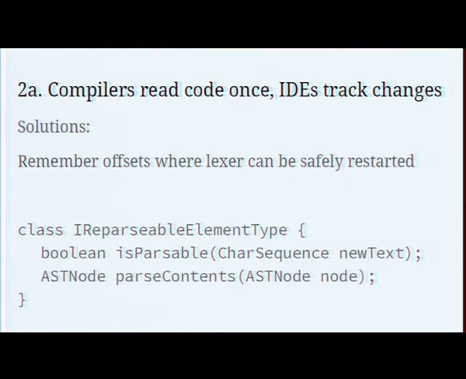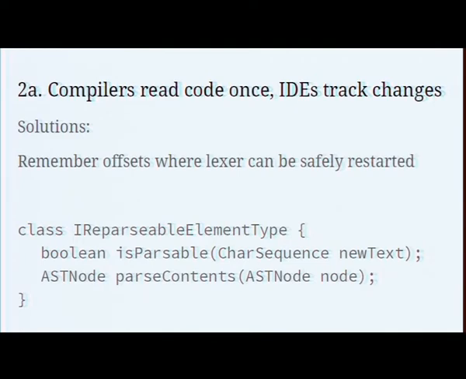There are some special kinds of PSI elements that have special type where you can ask if you can reparse or not. For example, if you type in a Java method, then the IDE will get the current PSI of this file and find the closest such reparsable element containing the changed range. Usually it's the code block.